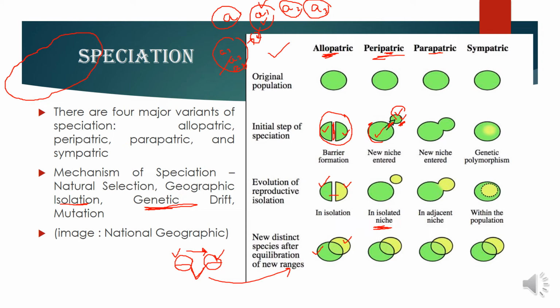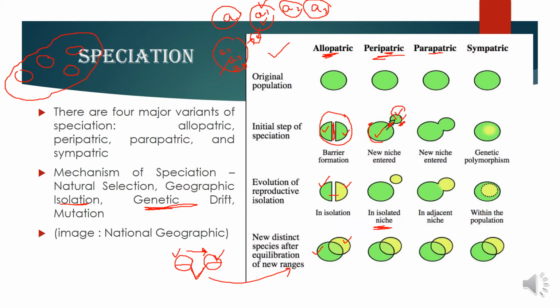Here also we see this original population, I am drawing it here. Parapatric speciation occurs when, for example, an organism has a wide range of ecological niche, a very big niche during suitable conditions of temperature and water availability.